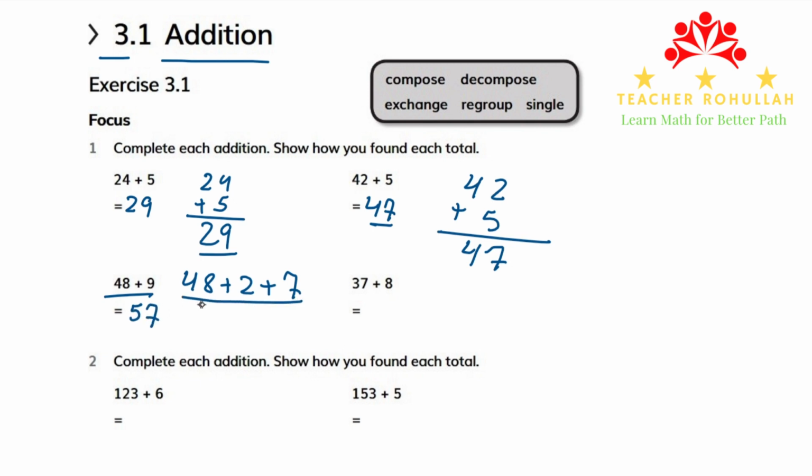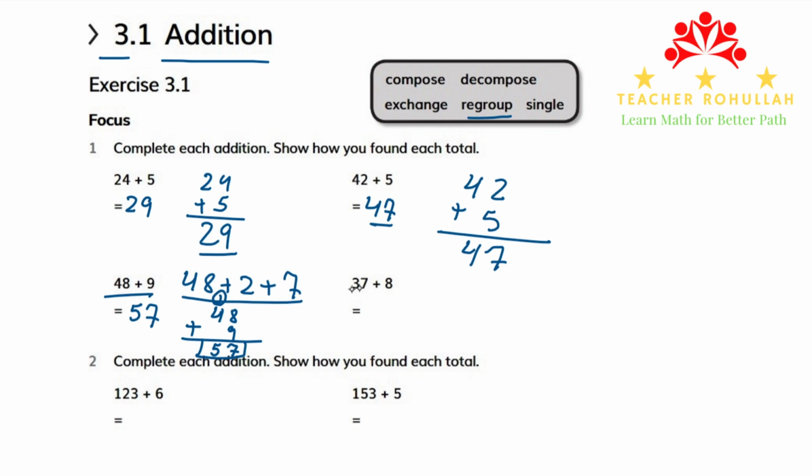Or if we use column addition, we write 48 plus 9. 8 plus 9 is 17. We have to regroup, so we regroup 1 above the tens place, and then 1 plus 4 is 5. Here also the answer is 57.